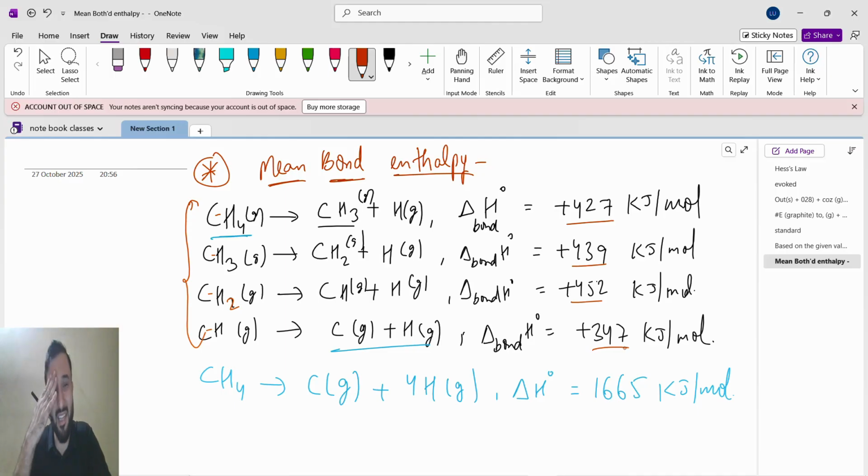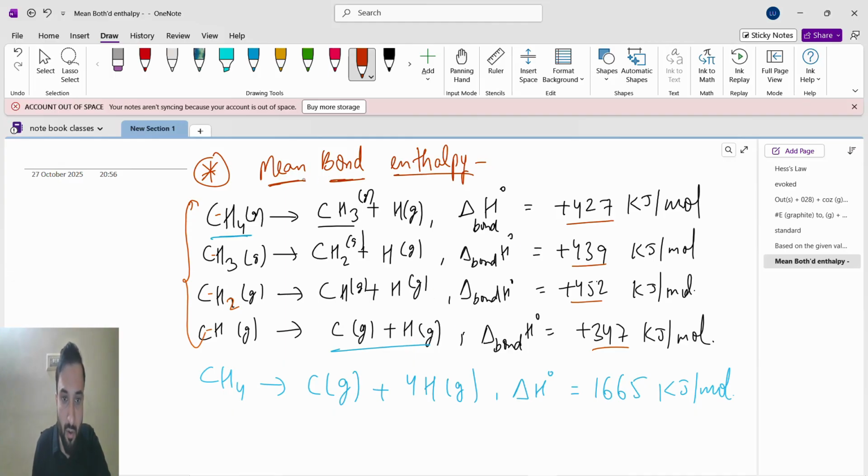So what I will say, wait. Why are you telling me all these separate values? Just tell me the overall value. Now the overall value means you will find the mean of this bond enthalpy.